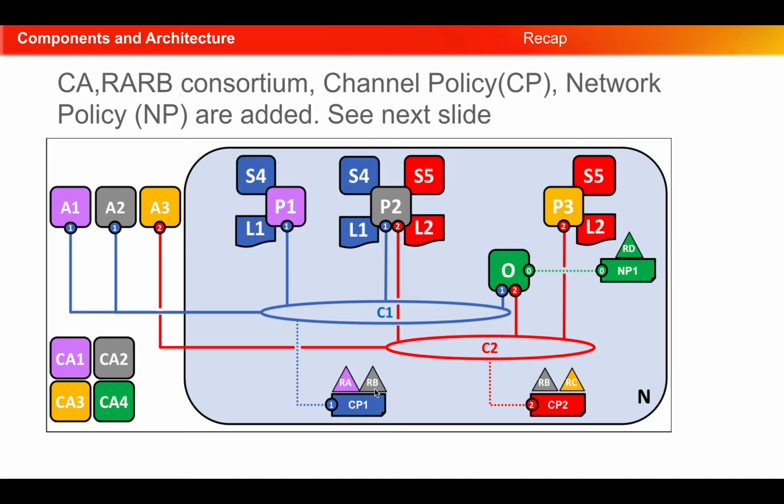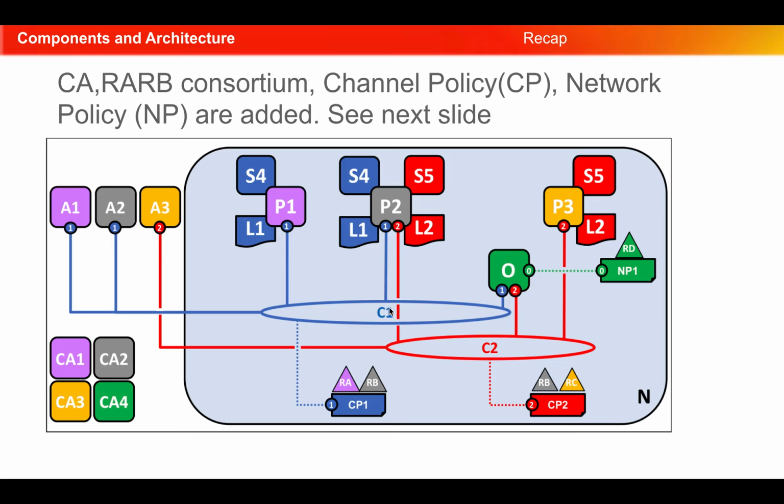Organization A and organization B have come together as a consortium, and they have to abide by the channel policy CP1, which has to be followed for channel C1. RA, organization A, owns P1, and P2 is owned by organization B. So they form the consortium and they form this channel.